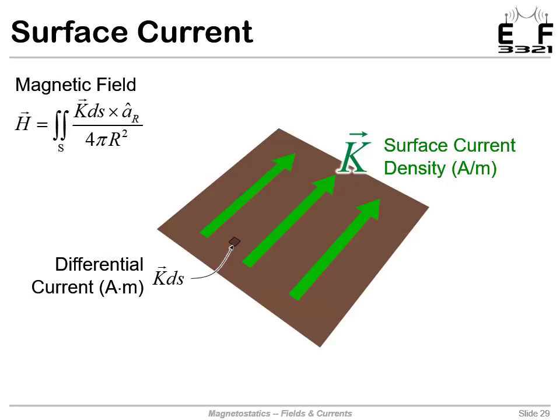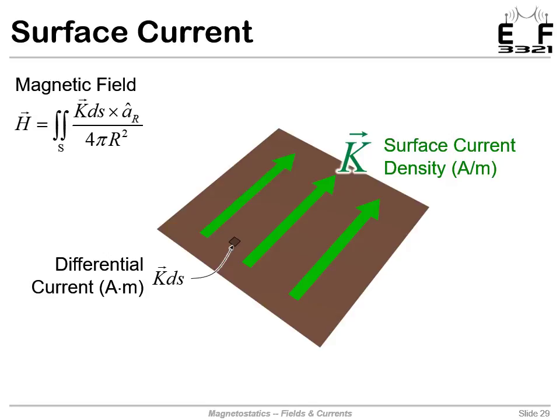Now we need to take a look at our little differential current. It's a little area piece on this surface. And our little differential current in this case is K ds, where K is the vector quantity and ds is a scalar differential surface area. And if we look at the units of this, we have amps per meter, and then ds is meters squared. Overall, our differential current has units of amp meters.